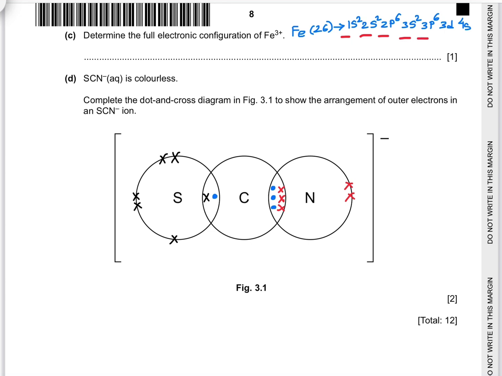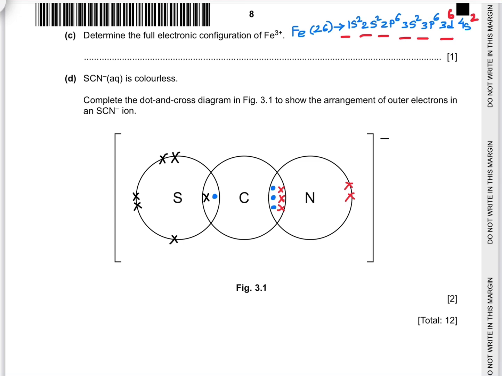As we know, iron is a transition metal, so we will write the 3d orbital first and then 4s. But in case of putting the electrons, we will fill up the 4s orbital first. So we will write 4s2 and then 3d6. So this is the electronic configuration of iron.